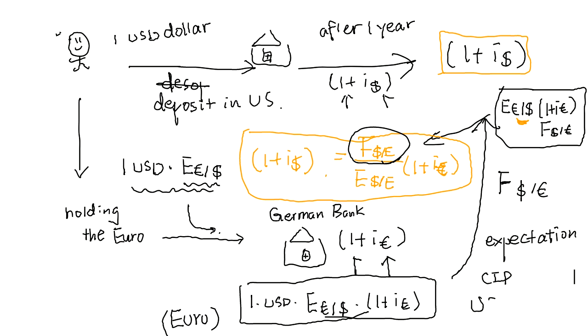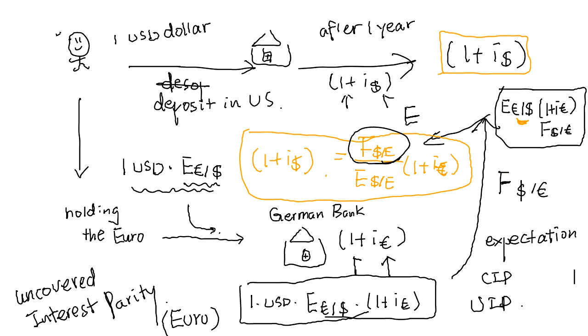UIP stands for uncovered interest parity. UIP means uncovered interest parity. Means what? Instead of using the future exchange rate, here we switch to the expectation of the exchange rate. And everything remains the same.